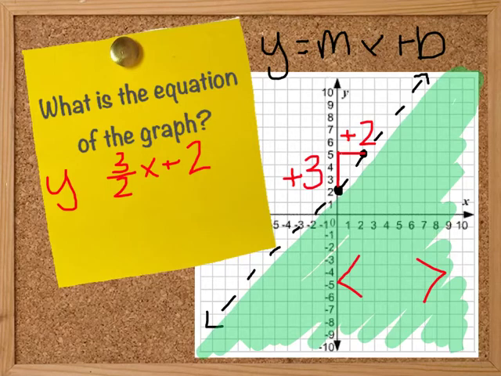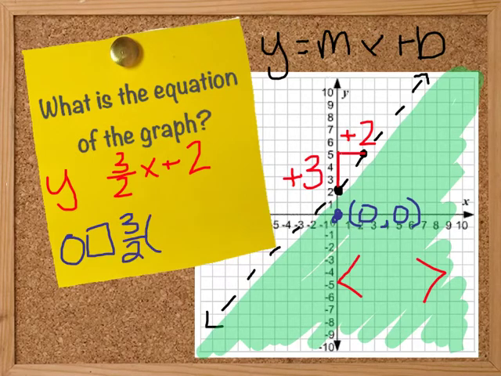Now we need to figure out if we want to put in a less than symbol or a greater than symbol. Again, just like we did when we were originally graphing, I'm going to look at the point 0, 0. 0, 0 is one of these solutions. So I'm going to take that point, 0, 0, plug it into my equation, and insert the correct inequality that will make this statement true. 0 is something to 3 over 2 times 0 plus 2. 3 over 2 times 0 will be 0.